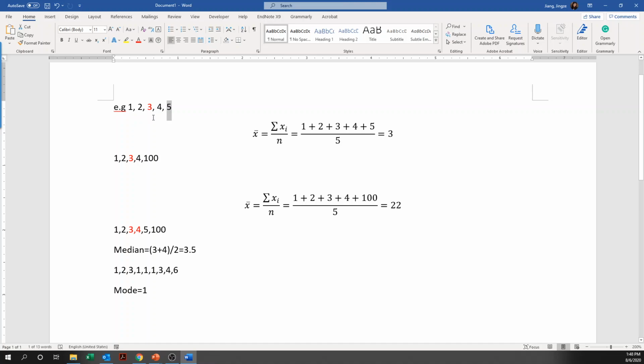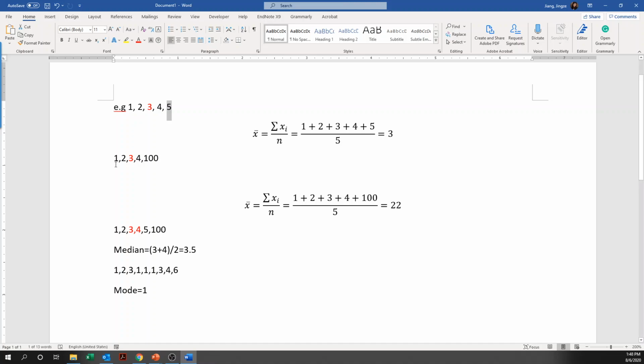However, there is an issue when you use the range to measure variability. I want to show you the problem by looking at the second example: 1, 2, 3, 4, 100. What's the range? The range is 99, and then you'd think, oh, this data has huge variability. The question is, is that true?